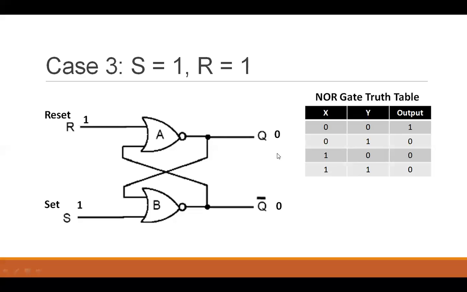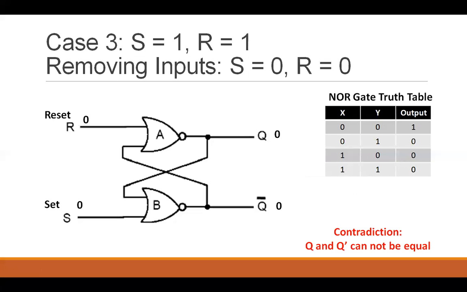I'm going to have zeros on both of the Q and Q complement, because if I have 1 as input, the truth table is already showing me that I'm going to end up having 0 as the output. So that means I have Q and Q complement the same. And I told you that this should not happen. Q and Q complement should not be the same. That contradiction actually makes our circuit useless.